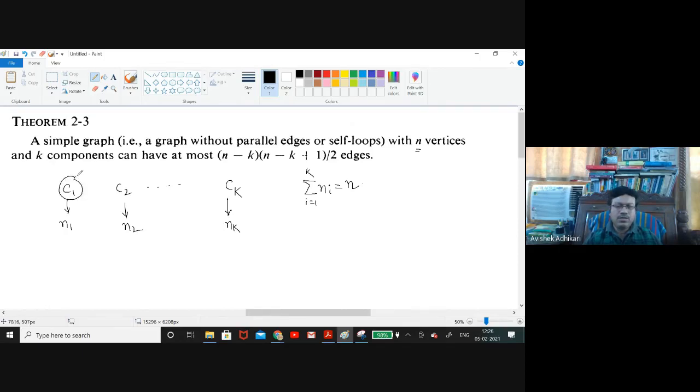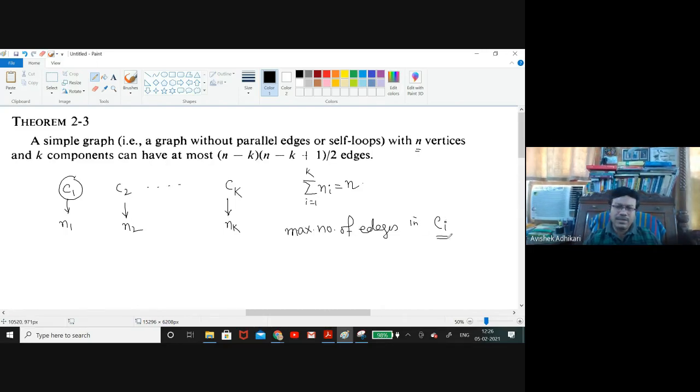Now consider each of these components Ci. What is the number of edges in Ci? What could be the maximum number of edges in Ci? Can anybody explain?